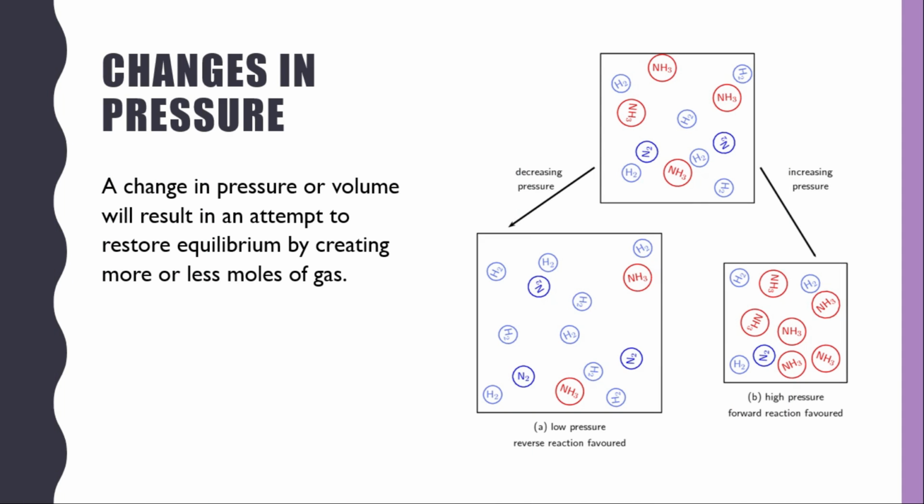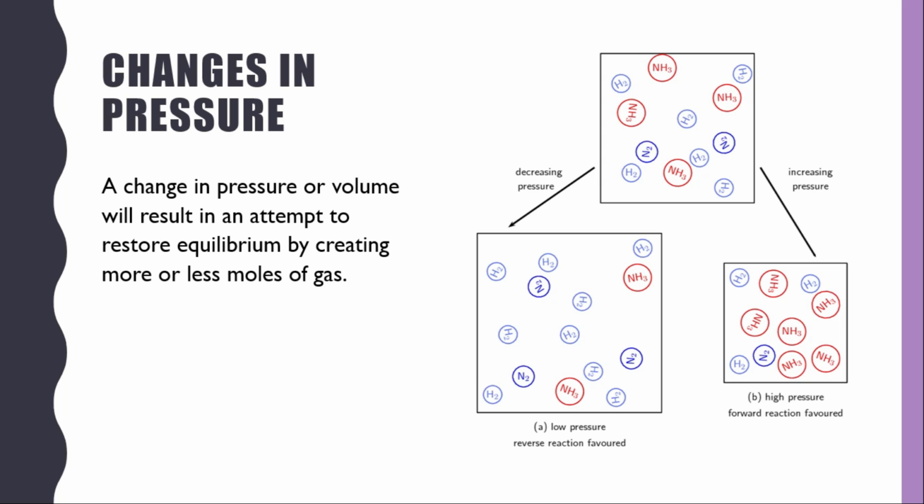Change in pressure. A change in pressure or volume will result in an attempt to restore equilibrium by creating more or fewer moles of gas. For example, if the pressure in a system increases or the volume decreases, the equilibrium will shift to favor the side of the reaction that involves fewer moles of gas.